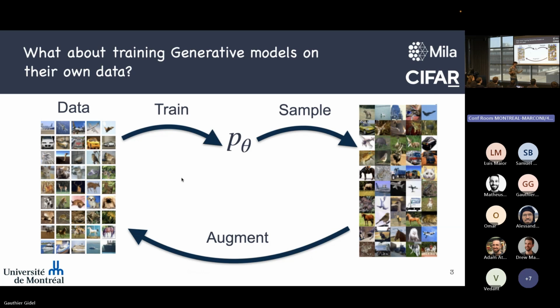You train them on originally human data because this is the only thing that is available. But then once you have trained the first generative model, you may be able to sample new pictures. And these pictures will kind of populate the web and basically be included in the next iteration of training.